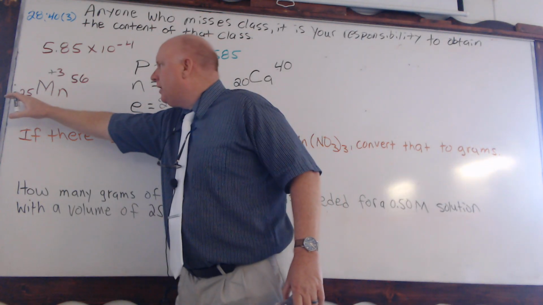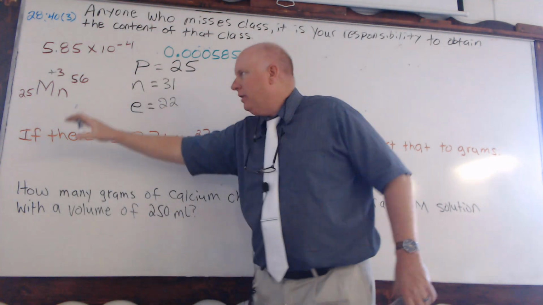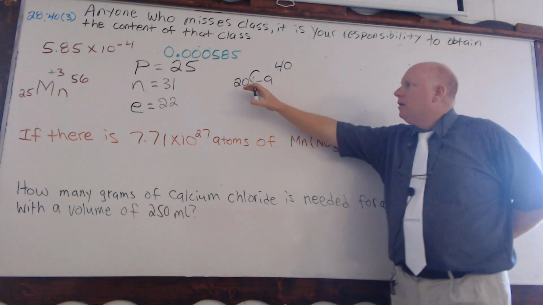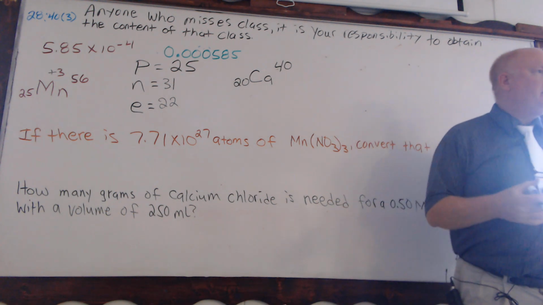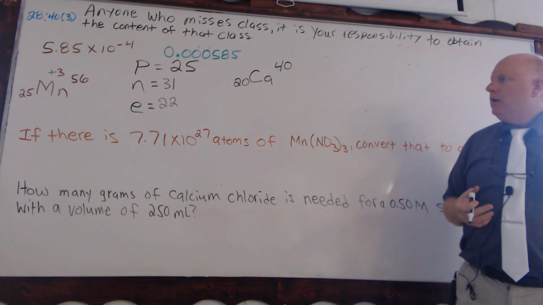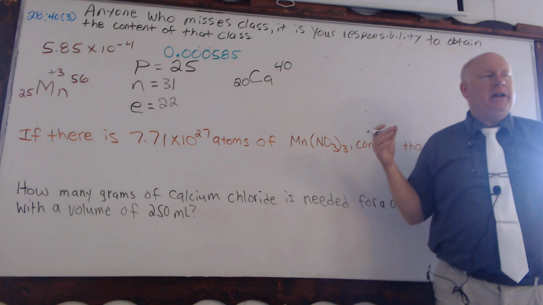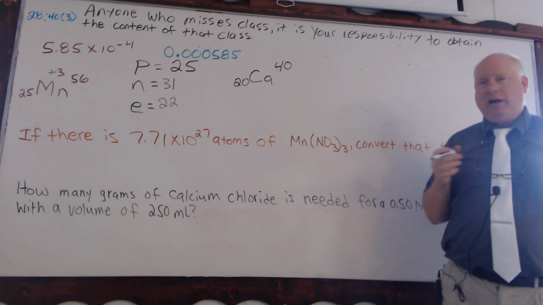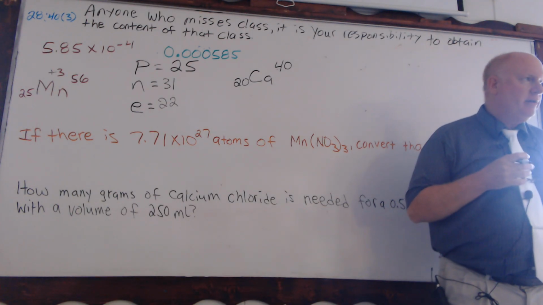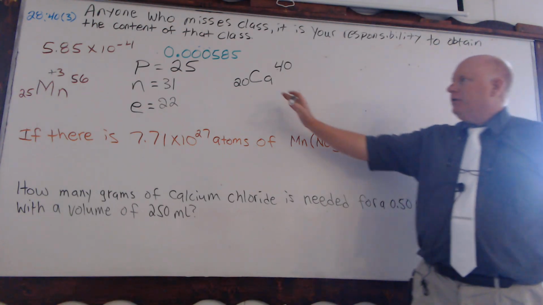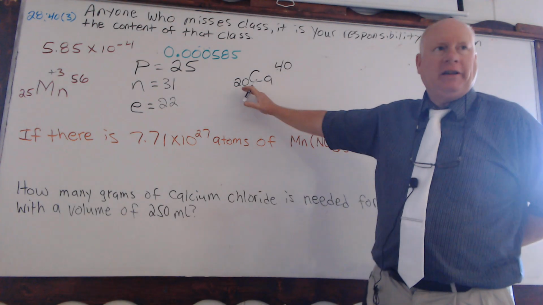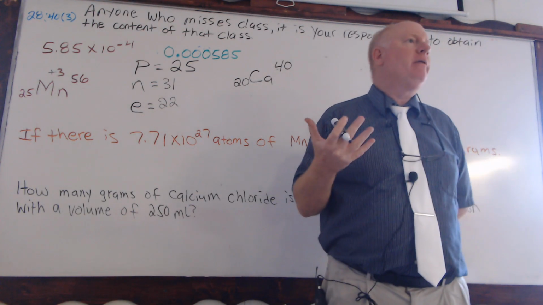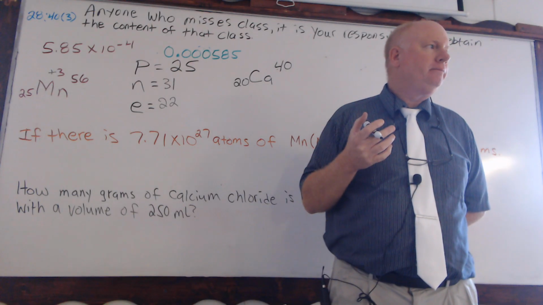This tells you your atomic number. It would be the same for any element. So how many protons does calcium have? Okay? And if it's neutral, how many negative charges does it have? 20. And then how many neutrons would it have with no charge? Okay? Sometimes all 3 of them are the same. It doesn't happen very often, but it can.